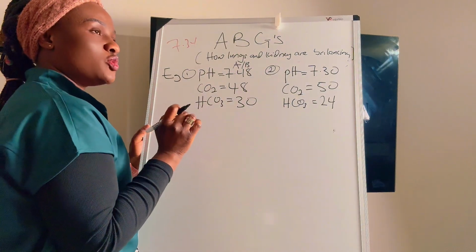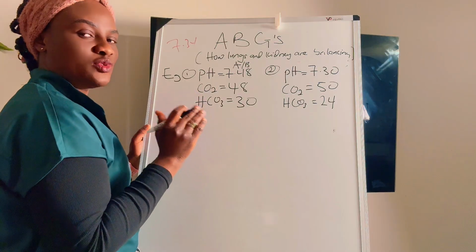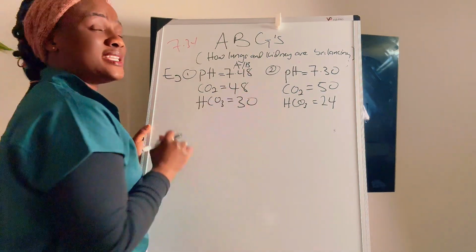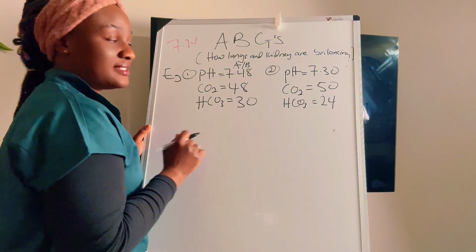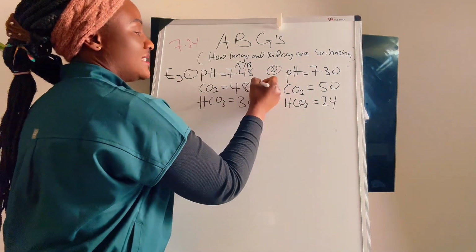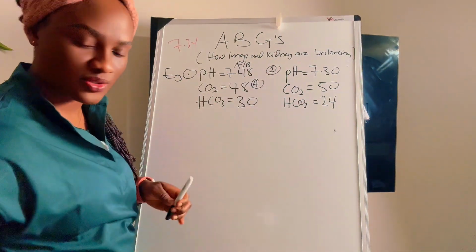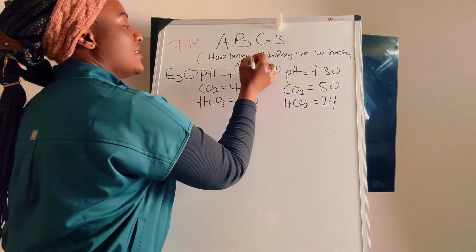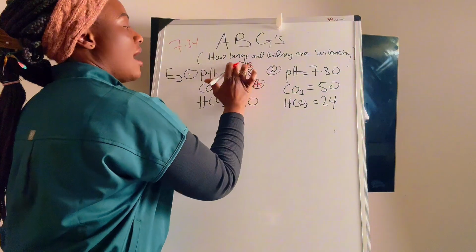Remember, your CO2 normal value is 35 to 45. 48 makes it what? Acidic. So it is acidic here. Let me actually use a red pen here. So this is acidic, and this is basic or alkaline.